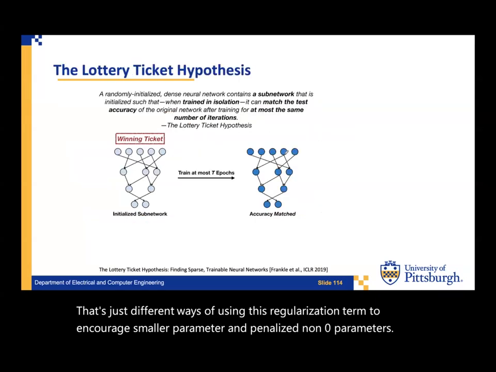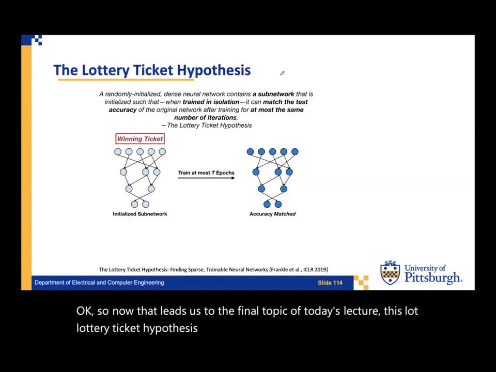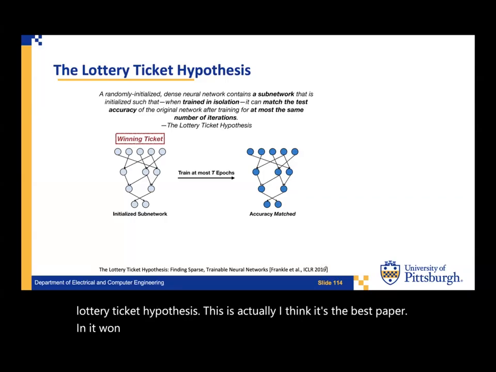Okay, so now that leads us to the final topic of today's lecture: the lottery ticket hypothesis. I think it's the best paper; it won the best paper award at the 2019 ICLR conference.